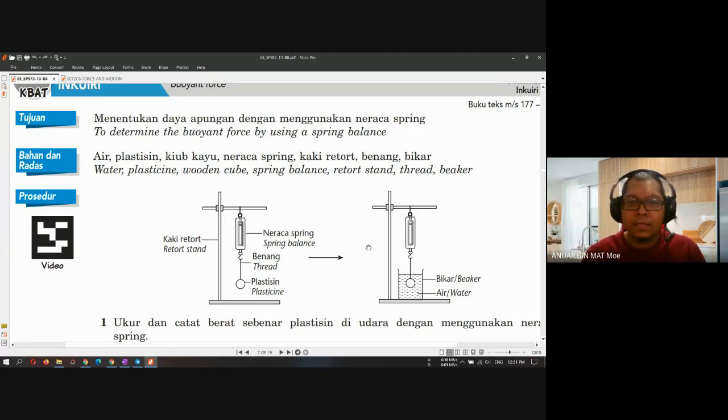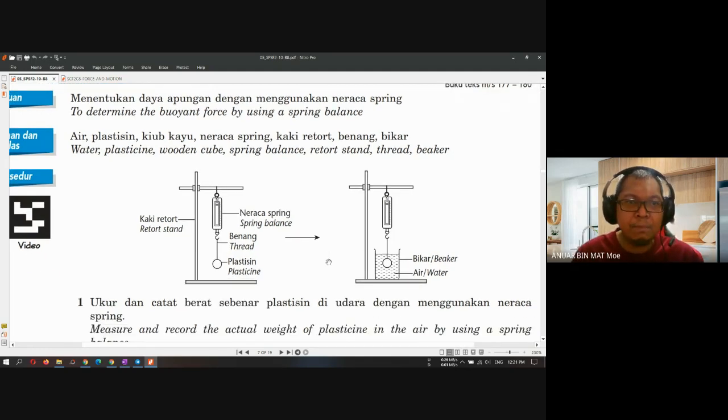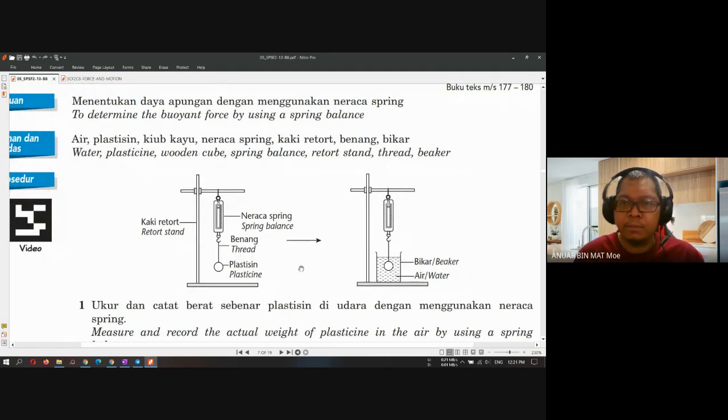Again, this is how you determine the buoyant force by using a spring balance.